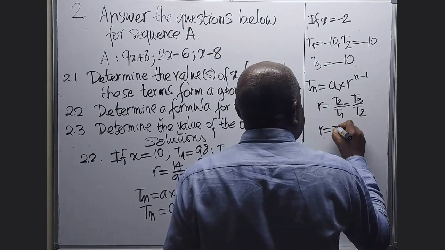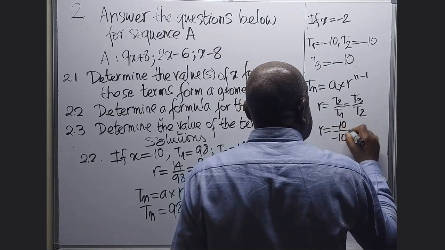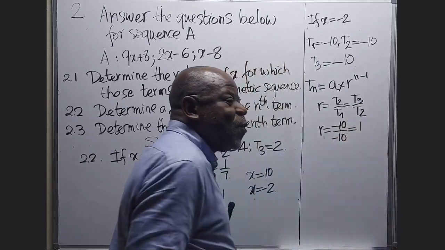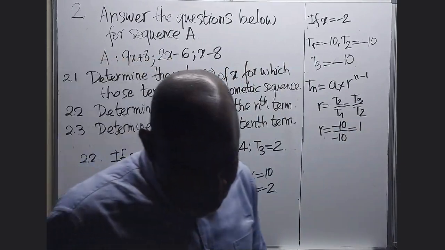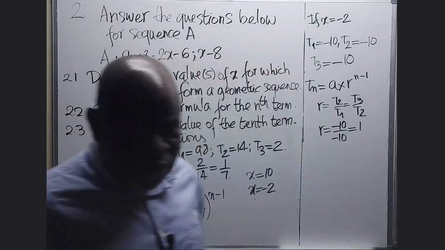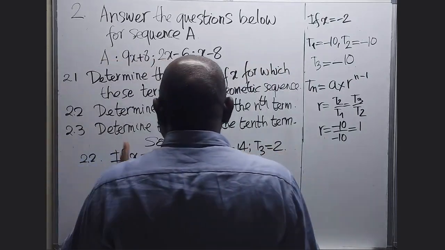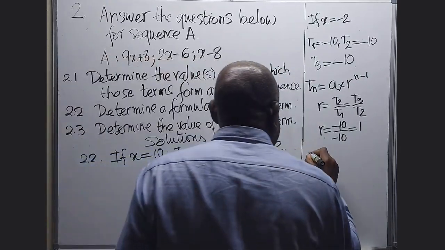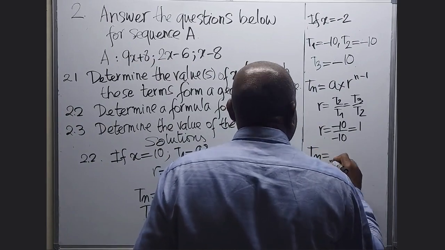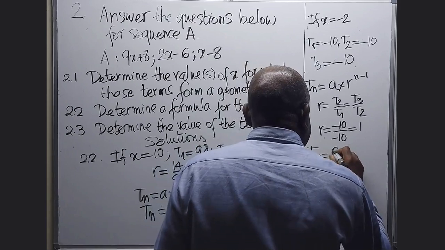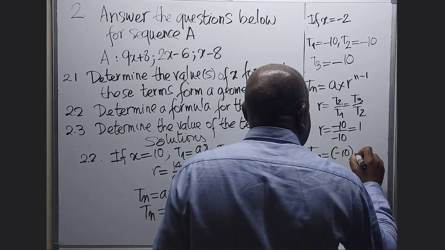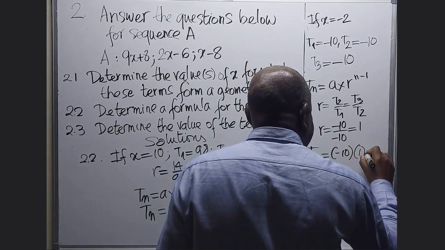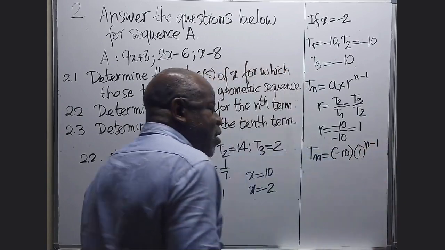Our r will be negative 10 over negative 10, and our common ratio is equal to 1. So Tn will be equal to the first term, negative 10, and the common ratio is 1 to the power of n minus 1.